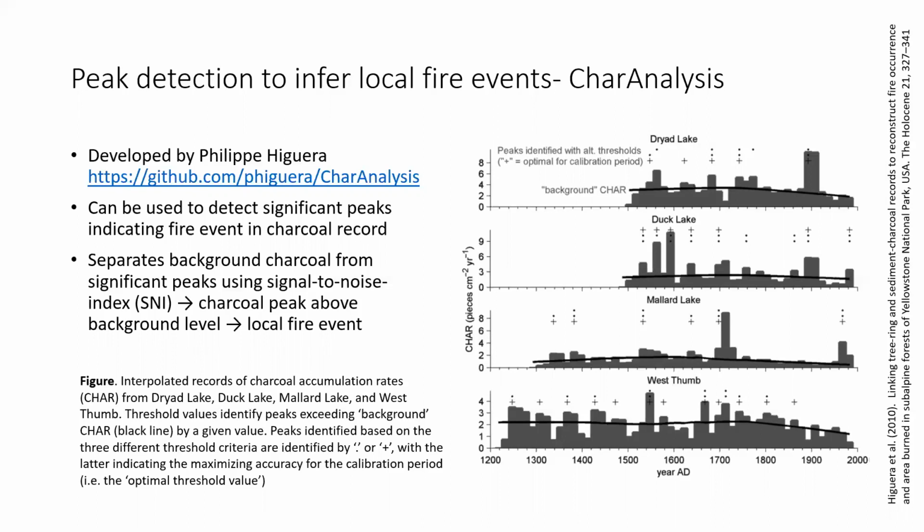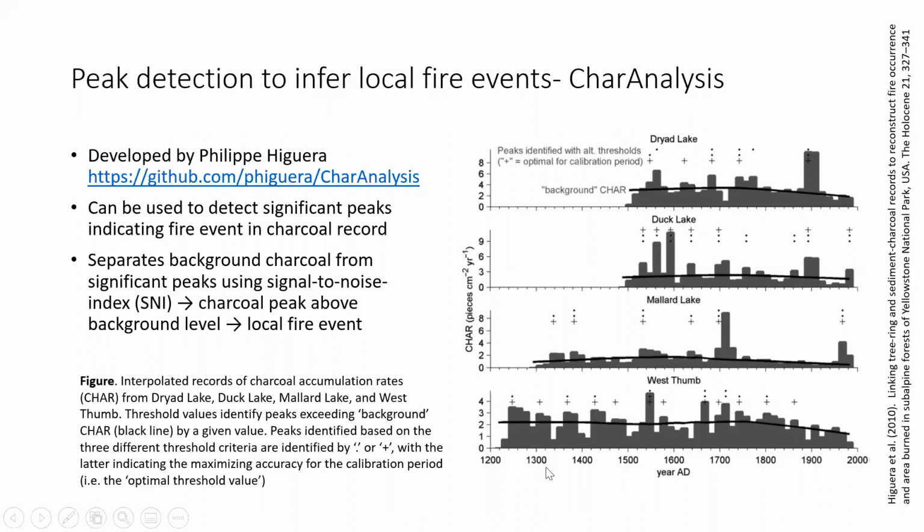In CharAnalysis, they calculate this background level for the charcoal record using different time windows and smoothing the data, and then using this signal to noise index, which basically singles out the amount of the peak going above the background level, and then determines that as a significant peak, and then gives indication of the local fire event.